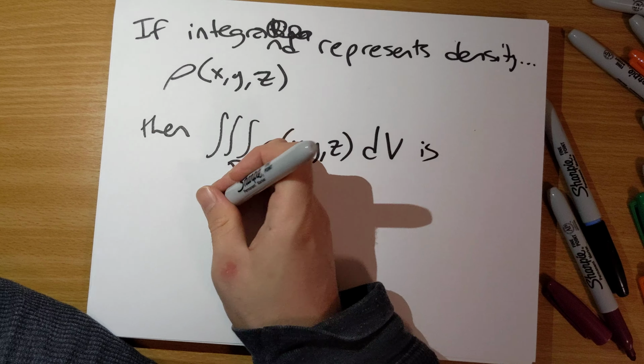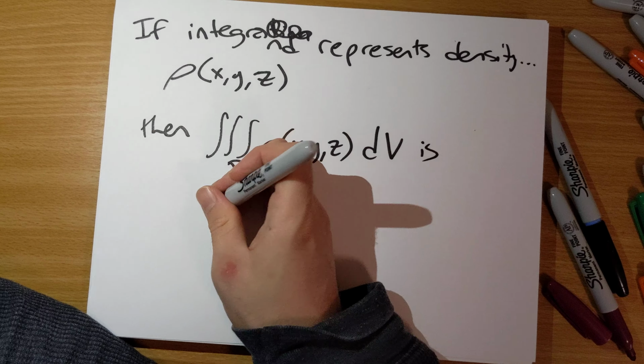Perhaps it's density of salt in seawater. So if you have a cube full of seawater, and you have a function rho of x, y, z that's giving you the density of salt, this much salt per cubic centimeter or milliliter of water at different points throughout here, then doing the triple integral will give you the total amount of salt in this region of seawater.